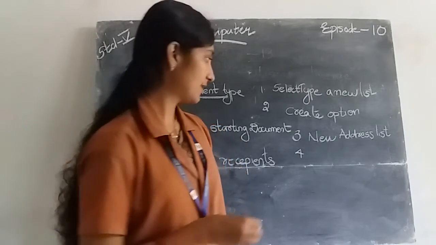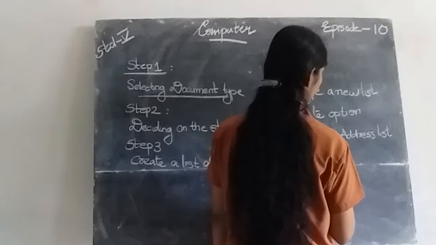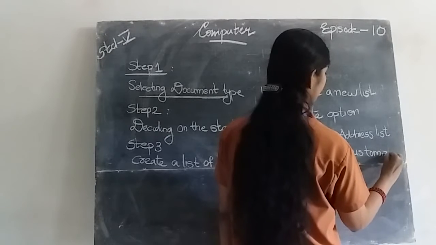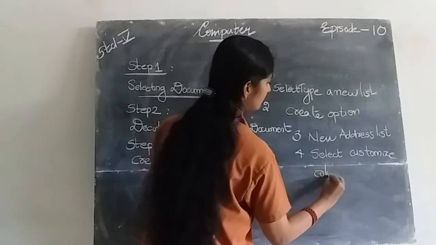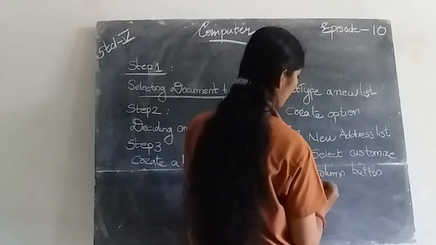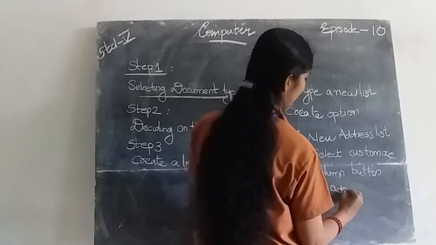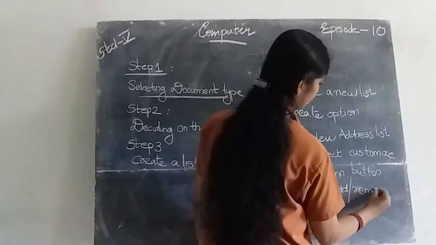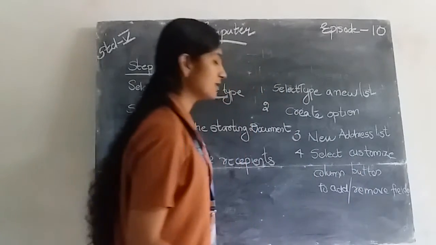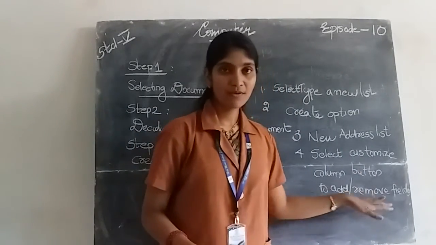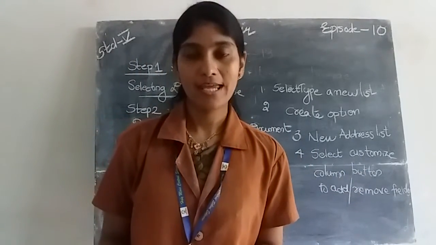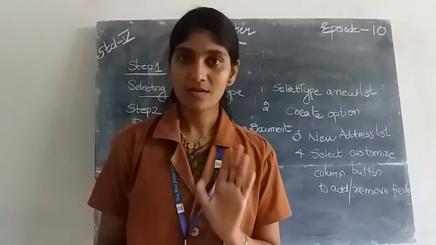the Customize Columns button. So select the Customize Columns button to add or remove fields. Then after adding or removing all the fields in the address list, you can enter the name or address of that recipient.